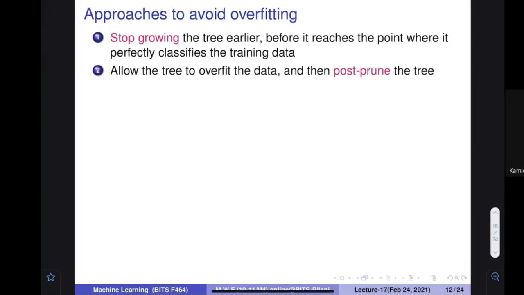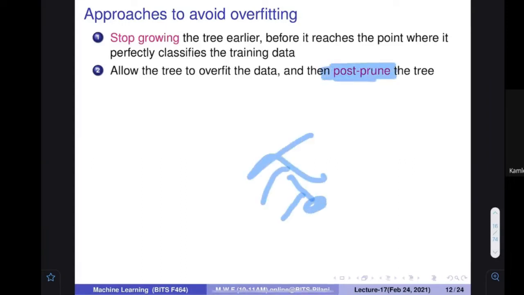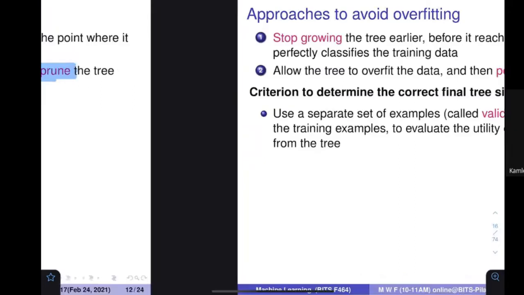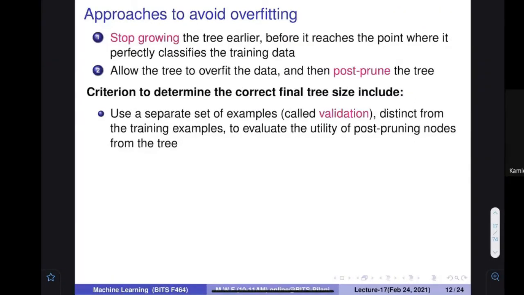So this is the way we do it. This method is called post pruning. It means that when you develop the tree, after developing it you prune it, removing some of the parts, using the validation set.